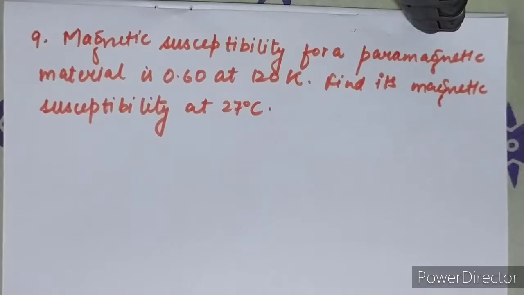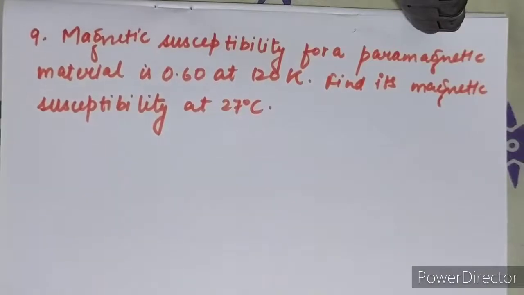Okay. Now in this question number 9, what are the given values? The magnetic susceptibility for the paramagnetic material has been given, and its temperature is also given as 120 Kelvin.